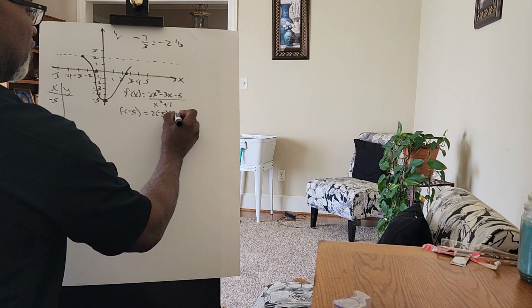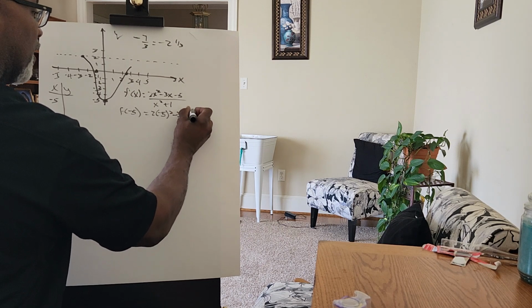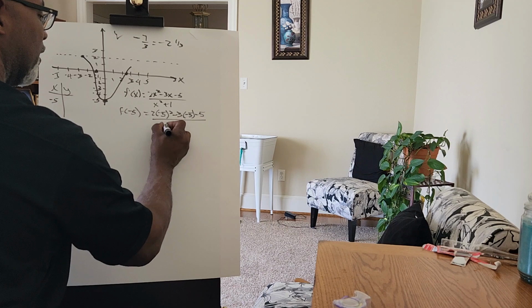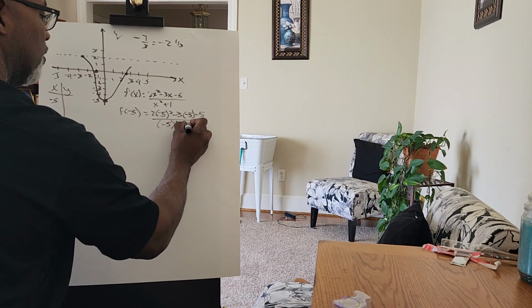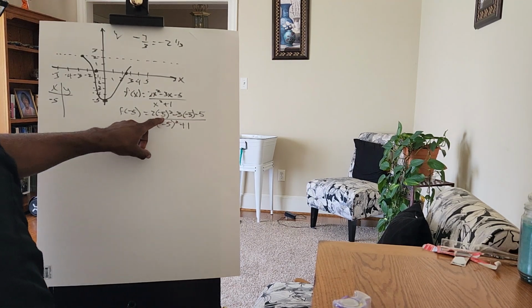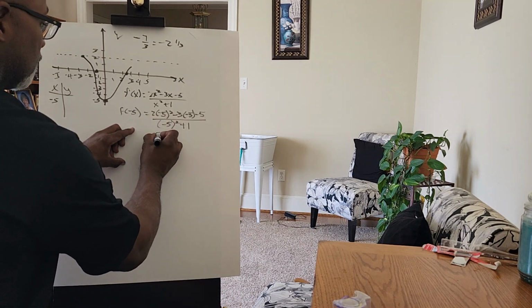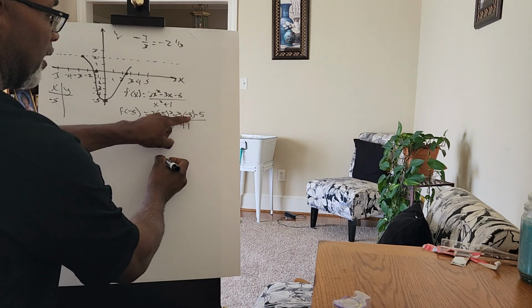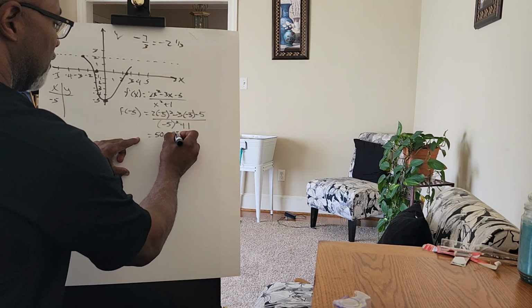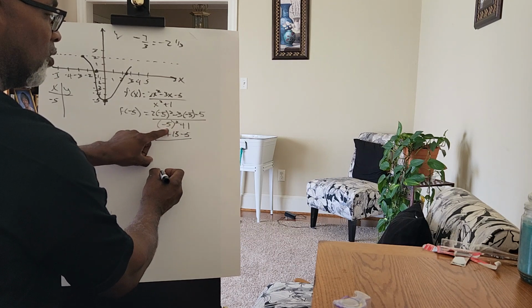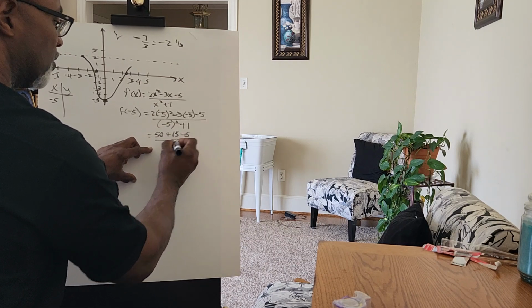I got 2 times -5 squared, minus 3 times -5, minus 5, all over -5 squared plus 1. Well, -5 squared is positive 25. 25 times 2 is 50. -3 times -5 is plus 15, minus 5, all over -5 squared is 25 plus 1, 26.